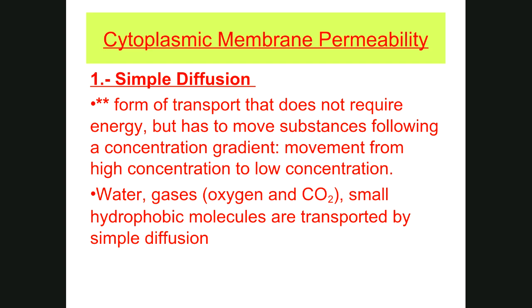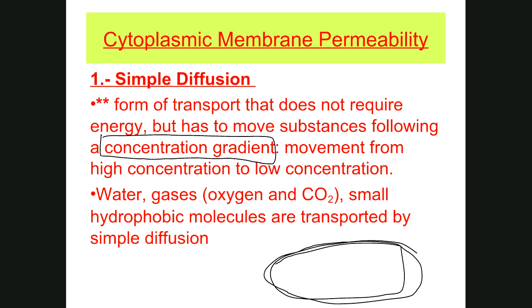So simple diffusion is the movement of substances following a concentration gradient. You should have seen these in biology 1406. So the movement will be from an area of high concentration to an area of low concentration. To cross a cell membrane, which is made of phospholipids, the substance that is going to diffuse has to be small, and it has to be hydrophobic.